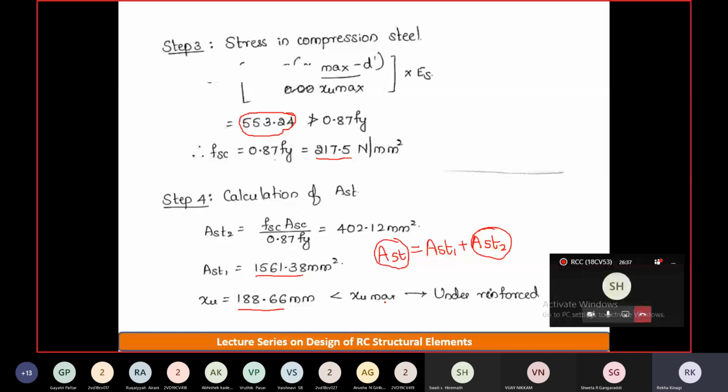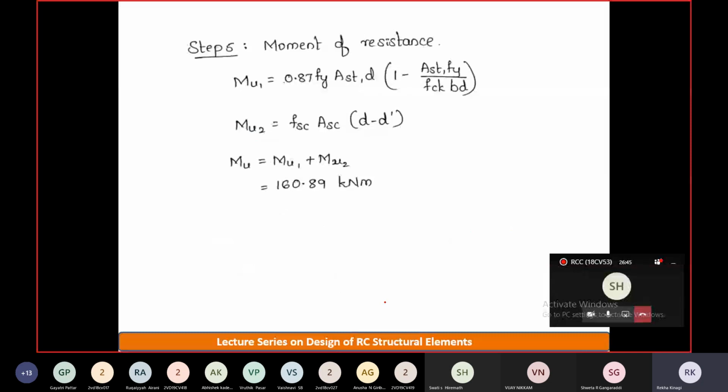If the section is under reinforced, we can use the equation given in the code book, that is MU1 is equal to 0.87 Fy AST1 into D into 1 minus AST1 Fy divided by FCK B into D. With this equation we can find out MU1.